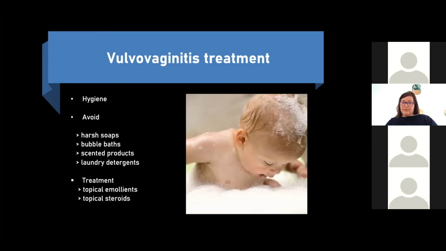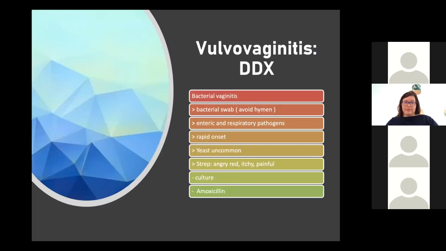Treatment is easy. We just take away the irritants, if that's what's causing the problem, and use some emollient, a pseudocream or Vaseline over the area, and that should relieve the symptoms. Unless it's a very angry, very symptomatic area, then we can briefly use steroids for no more than 2 weeks.